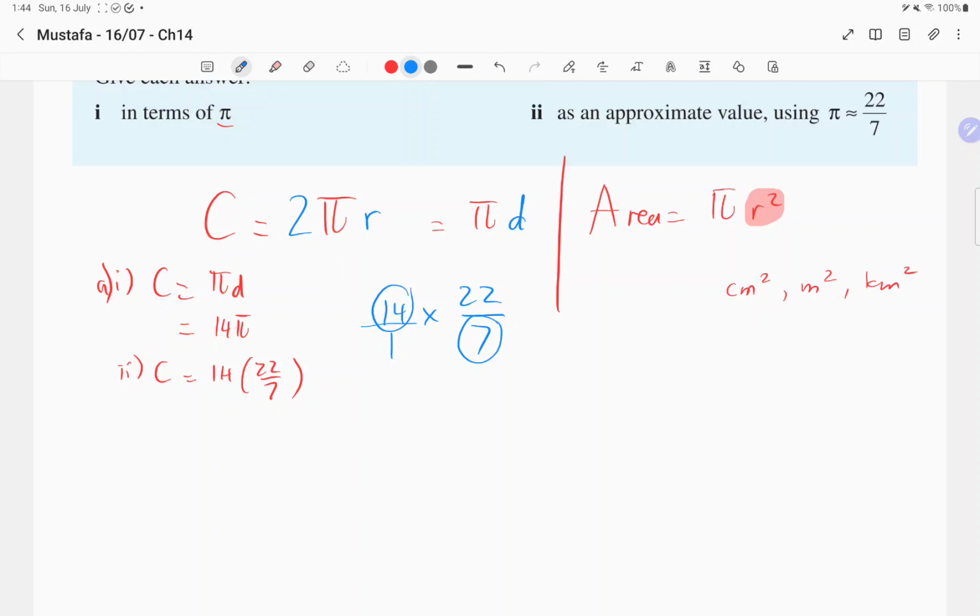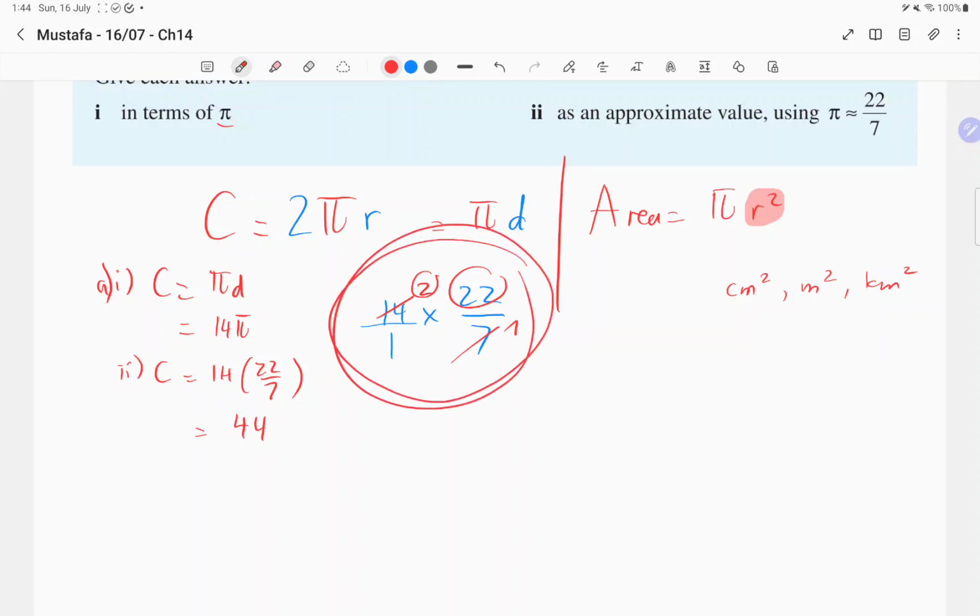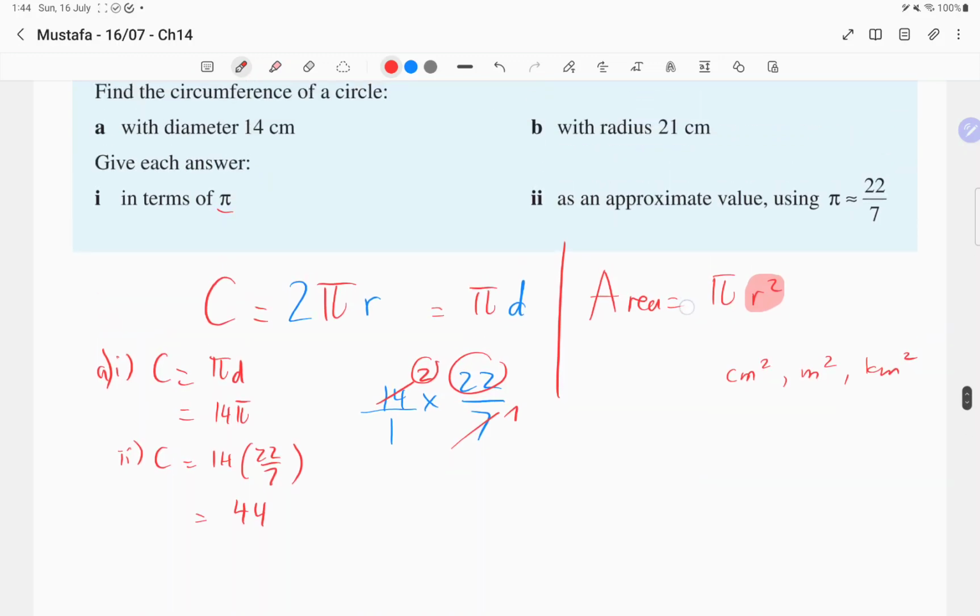The common factor is 7. So you divide them both by 7, which means this one turns into 1 and this one turns into 2. So before you even multiply, if you simplify first, the answer would just be 2 times 22 over 1, which is 44 over 1, which is 44. Make sense? So when you see fraction multiplication, always simplify first. Otherwise, you have to do a big number and then divide to get the smaller number. Not worth it.